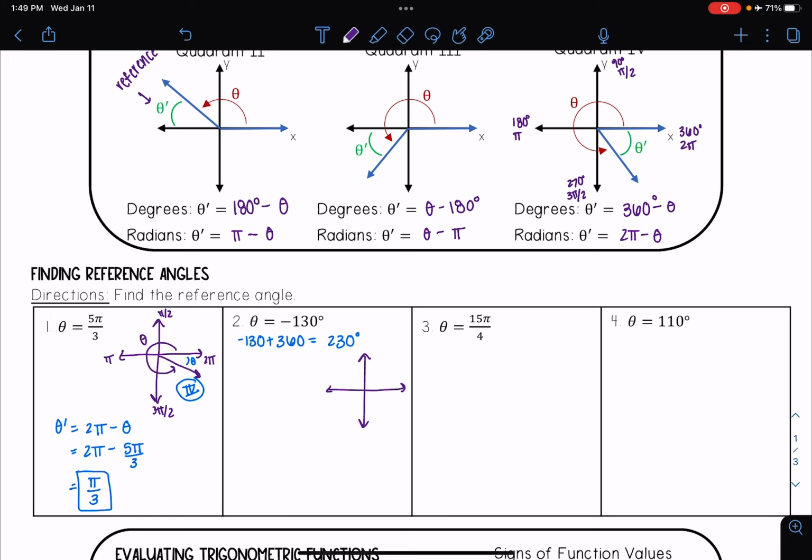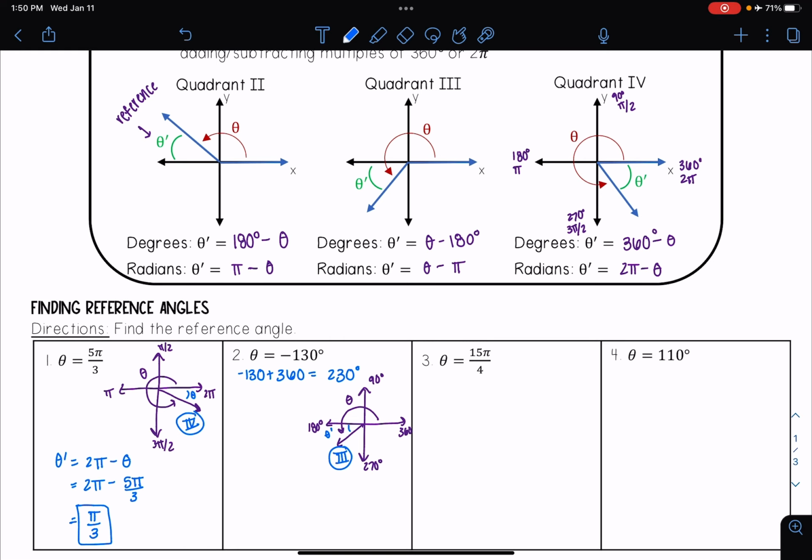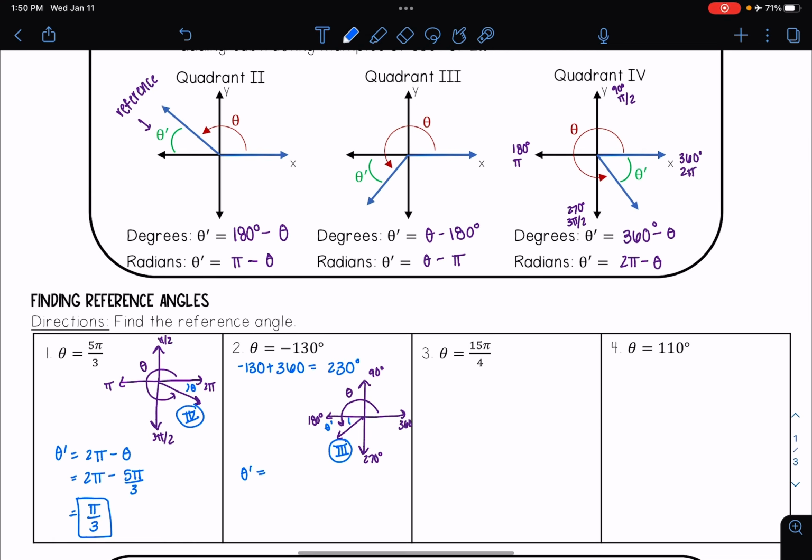Drawing this angle now, I need to figure out what quadrant it's in. I'm in degrees, so I know that this first one is 90, 180, 270, and 360. So 230 is somewhere between 180 and 270, so it's going to be somewhere over here, that's my theta. That means my theta prime is going to be this angle right here, and it's in quadrant 3. So I look at my quadrant 3 equation, and that tells me that theta prime is equal to theta minus 180.